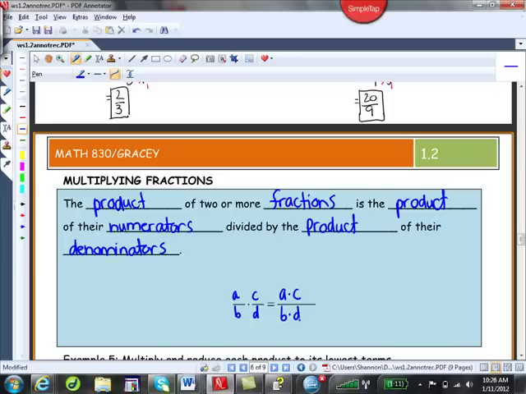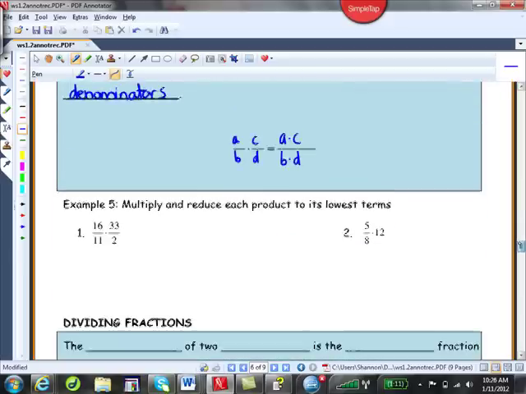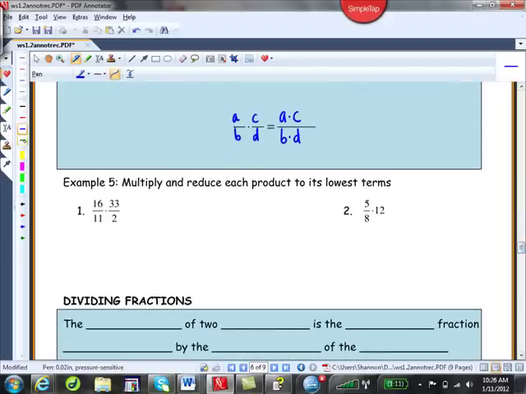So let's check out an example. Here, this first one, we can write this as one happy fraction. We can say, oh, this is 16 times 33, all divided by 11 times 2. Now, hold on. Don't multiply all those out.